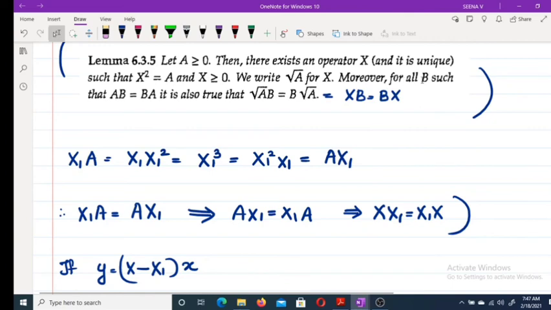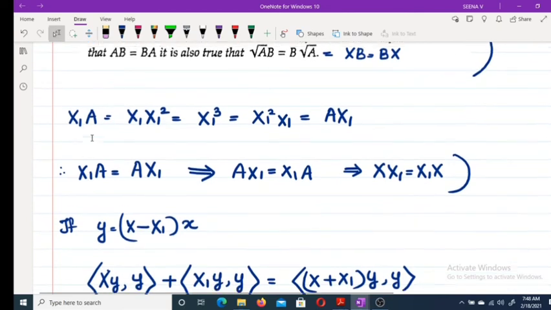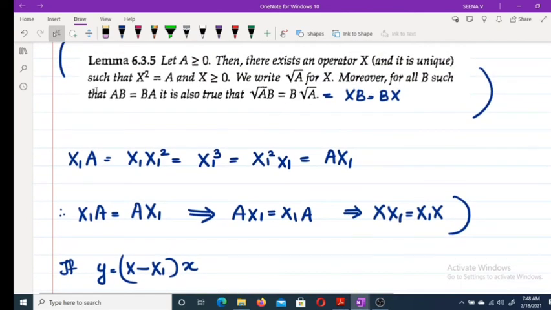Okay. So for all b such that ab equal to ba, we have xb equal to bx. So here we have x1a equal to ax1. That means once again you listen carefully.